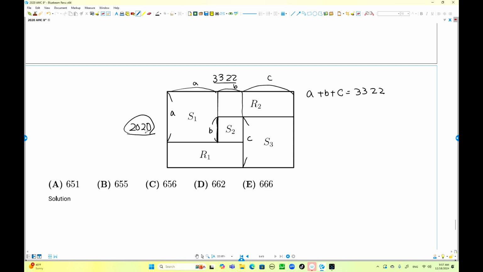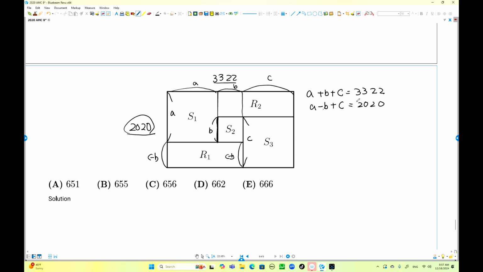Now let's do it this way. For the 20 side, what is the length of this one? This is C minus B. So A minus B plus A minus B plus C equals 2020.